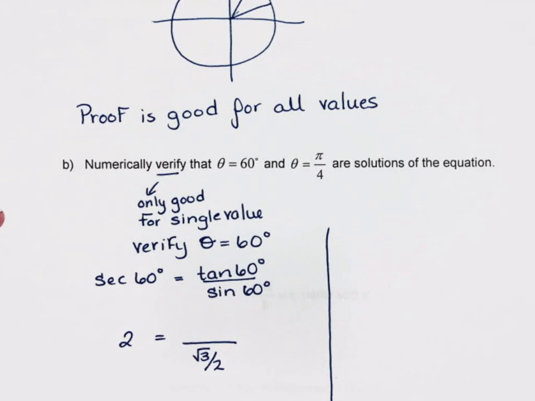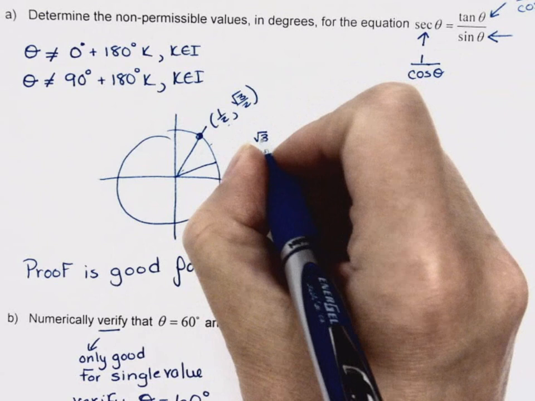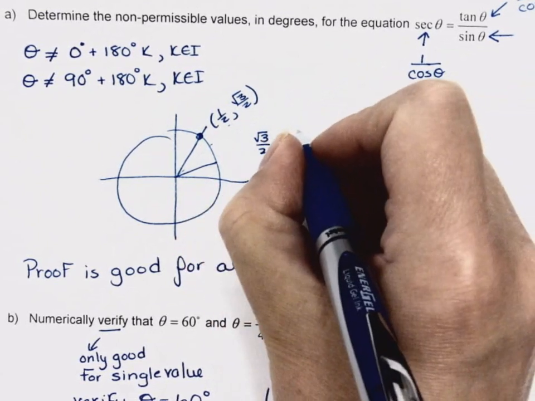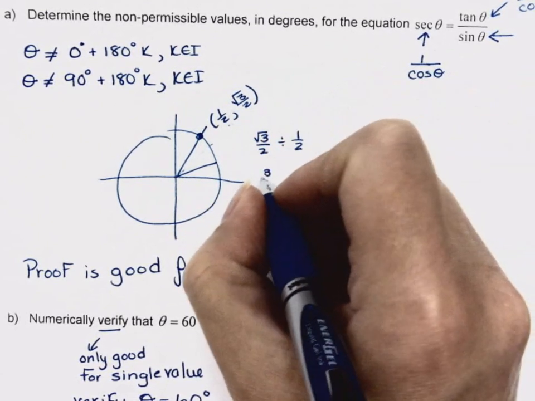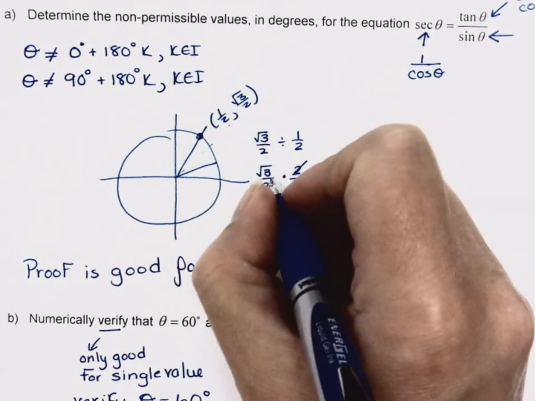Now we need to know tan here. So again, if you don't have it all memorized, you can math it out. You guys know that tan is sine divided by cosine. So if I go up here, I'm going to go root 3 over 2 divided by 1 over 2. So root 3 over 2 multiplied by 2 over 1.